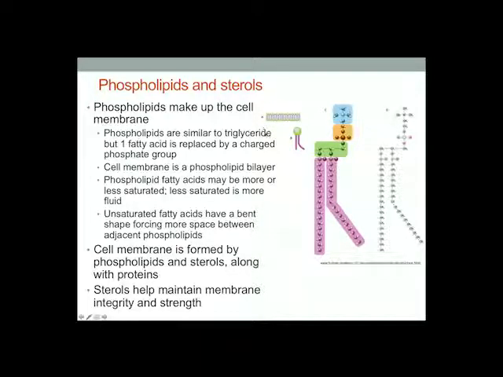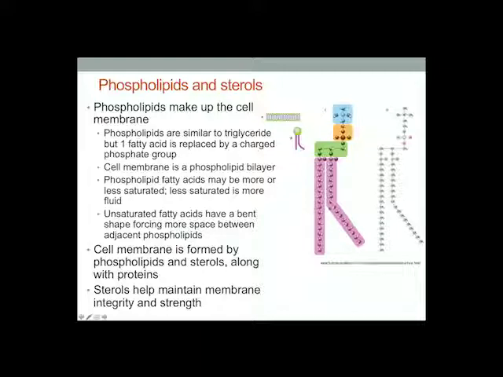So the cell membrane is a phospholipid bilayer. And like the fats, it can have varying degrees of saturation on those fatty acids. Those phospholipids that have more unsaturated fatty acids tend to make membranes that are more fluid.